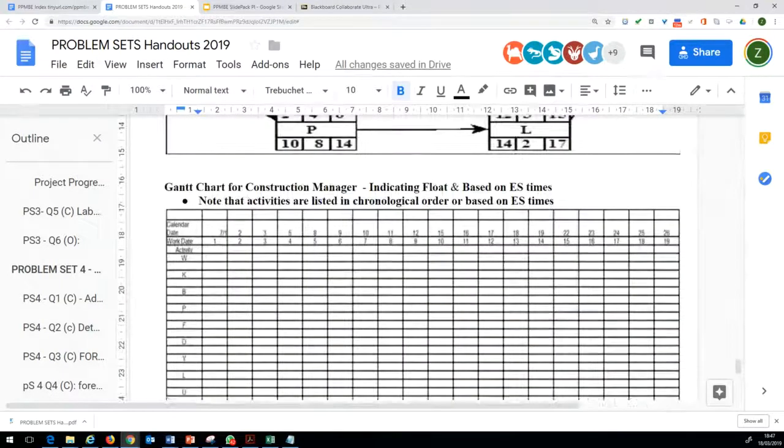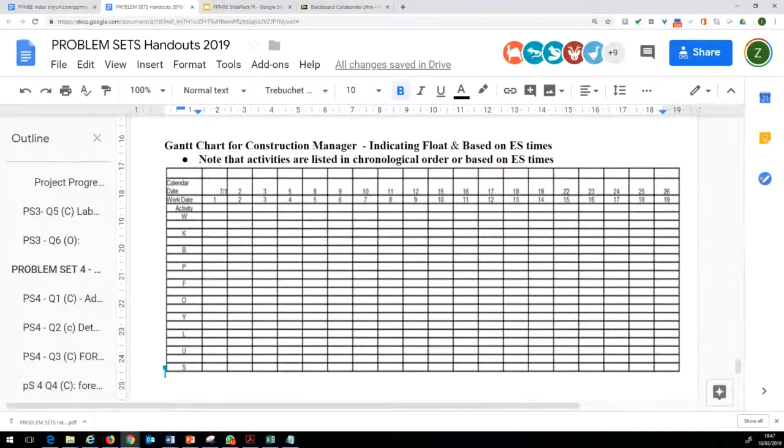So first of all, we will see how we go about preparing this. If you have the printouts, you could just go through the printouts, and we will be going through the different sheets.